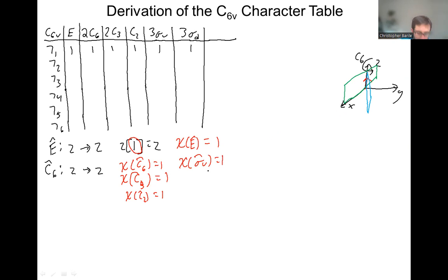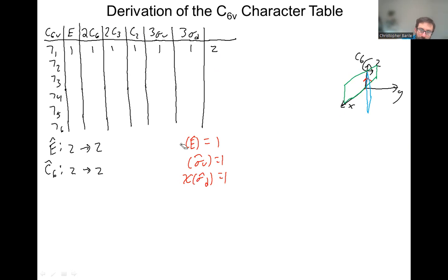And so again, nothing happens here. So this is a very boring example, but we figured out how the z vector transforms. And it just transforms as a totally symmetric representation. So that's good to know, but it doesn't help us derive anything, right? It didn't help us derive any more irreducible representations.